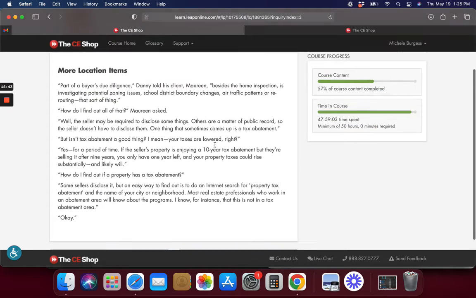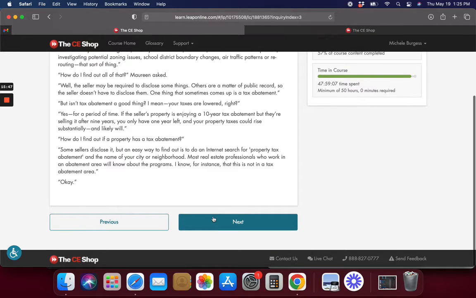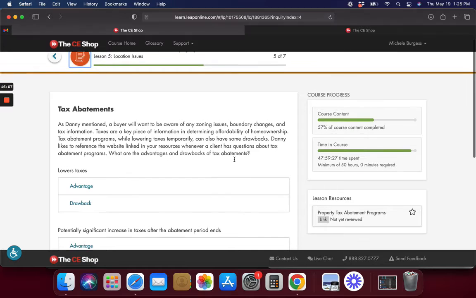Okay, more location items. Tax abatements. A buyer will want to be aware of any zoning issues, boundary changes. Taxes are a key part of information and determine affordability of ownership. Take a look at the web link you have in your reference.